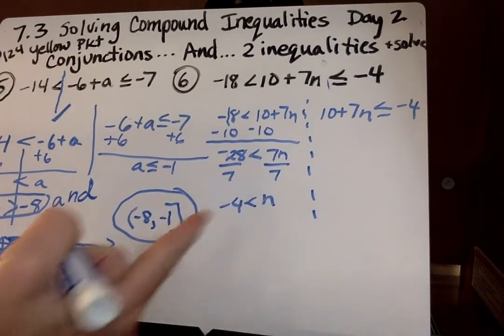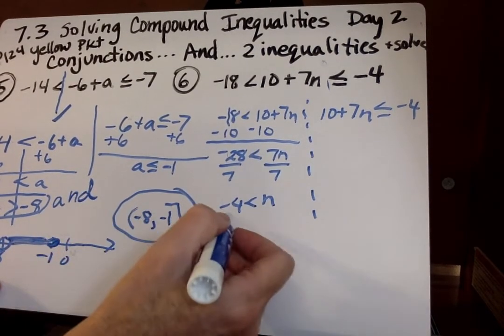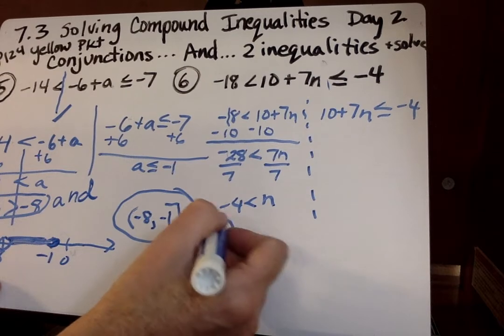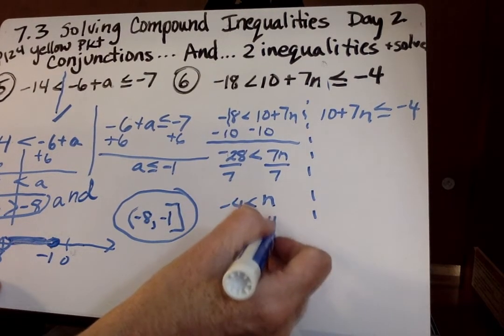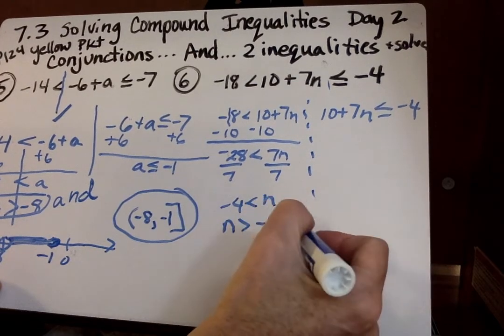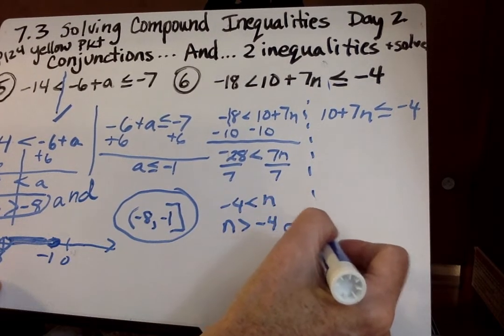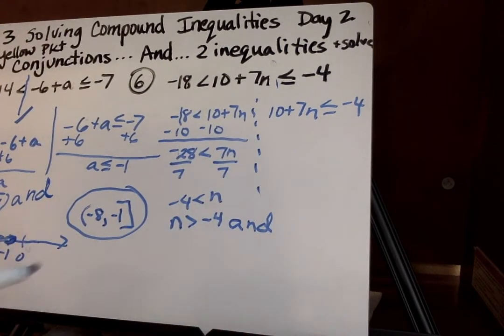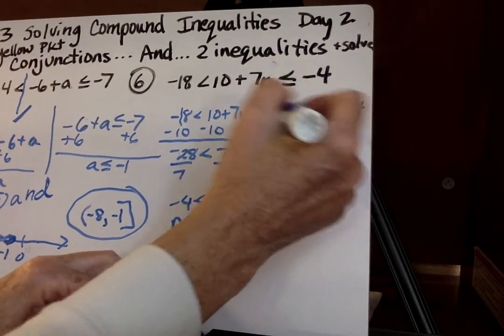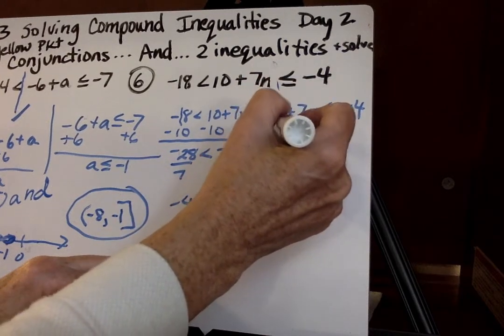However, I see the variable is on the right side. I want it on the left. So I'm going to move it to the left, and when I do that, I have to switch the direction of the sign. So that's part of my answer. And then when I finish the other part, I will get an and right there, and we'll finish that over there. Okay, then we're going to solve for it on the second equation, minus 10.